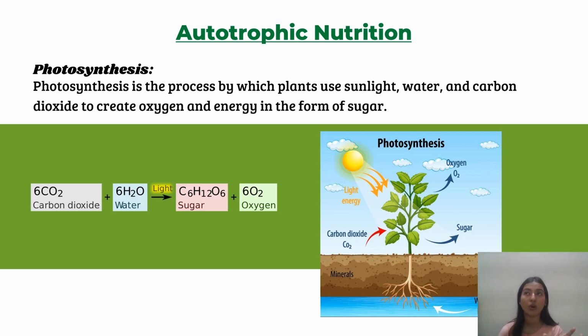Here I forgot to mention chlorophyll, but you do remember that in the presence of sunlight and chlorophyll, most importantly chlorophyll, without this the process of photosynthesis will not occur. So when carbon dioxide and water react in the presence of sunlight and chlorophyll, they give out what? Sugar and oxygen. So this sums up the process of photosynthesis.